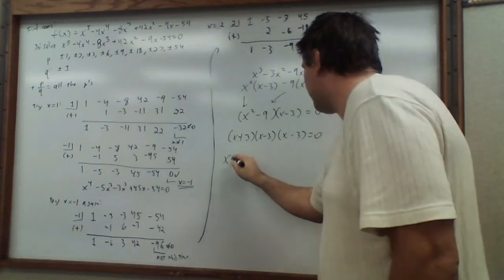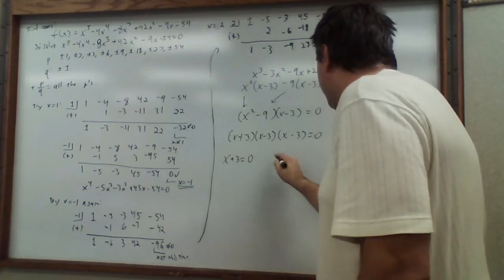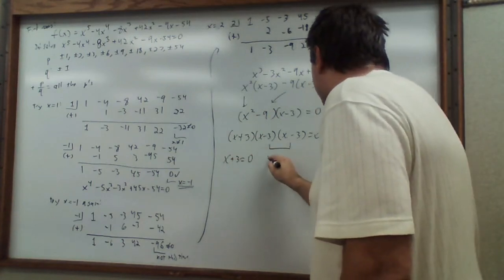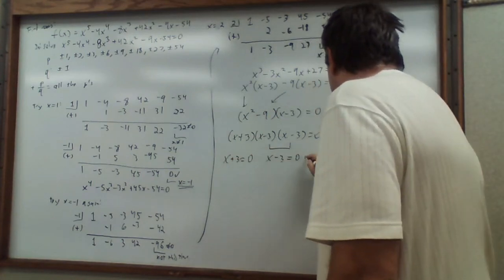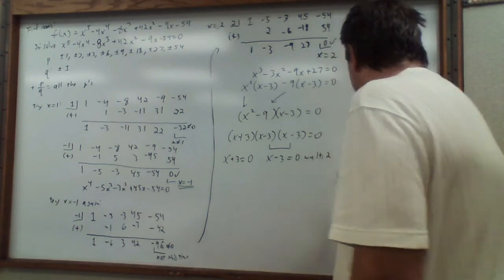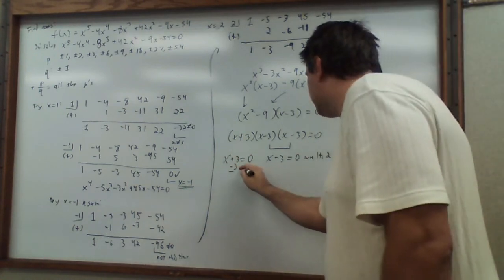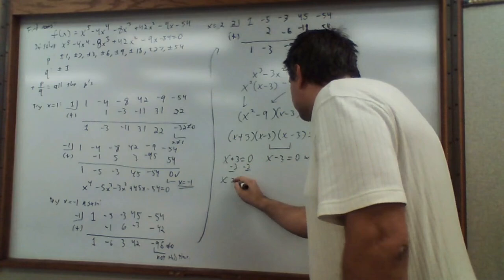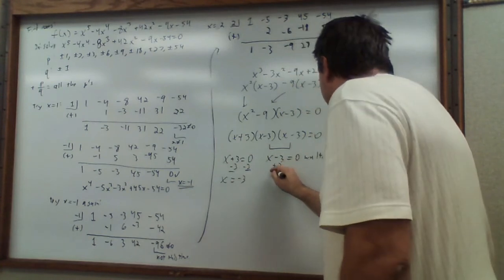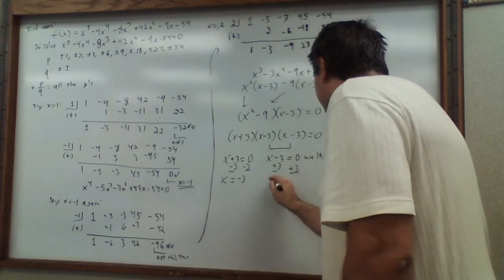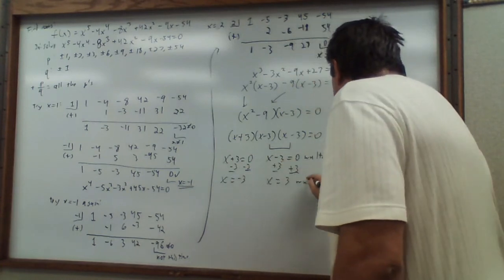So x plus 3 equals 0. This has got to be x minus 3 multiplicity 2. So, subtract 3, x equals negative 3. Add 3, x equals 3, multiplicity 2.